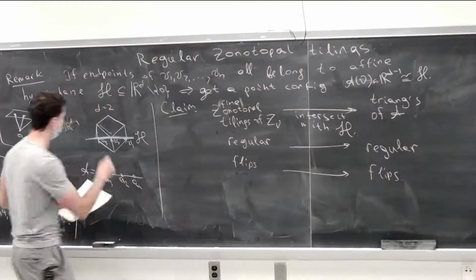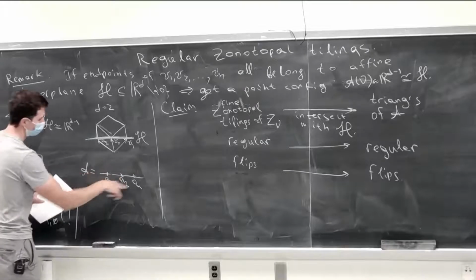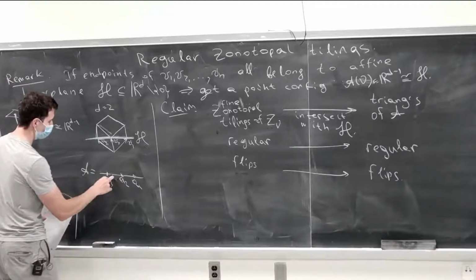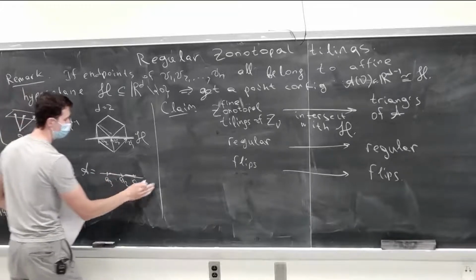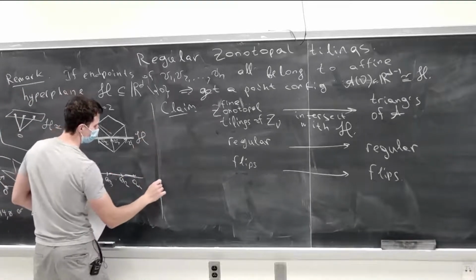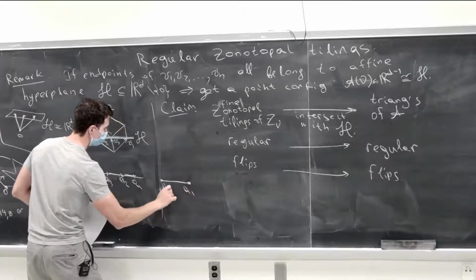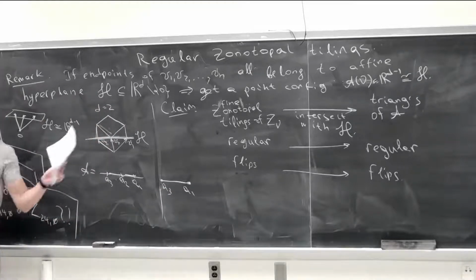So in particular, maybe I should draw this picture here. Remember, how many triangulations does this picture have? Two. Indeed, one picture is I have two simplices like this, and another picture is I have just a single simplex, A1 and A3. And how many zonotopal tilings does this picture have?